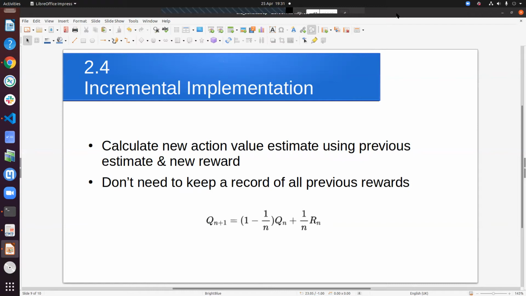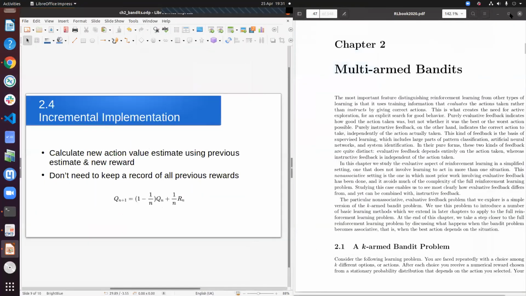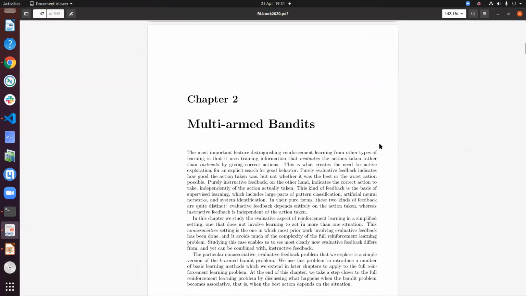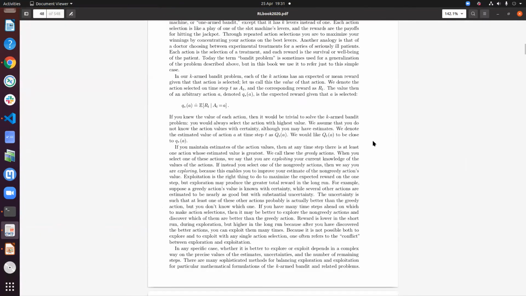On page number 33 of the book, there is equation 2.7, which gives a solution to this problem. Here they have defined two conditions.